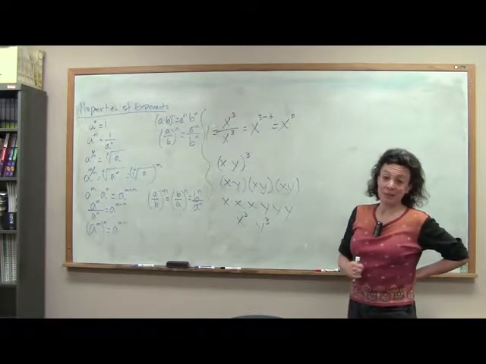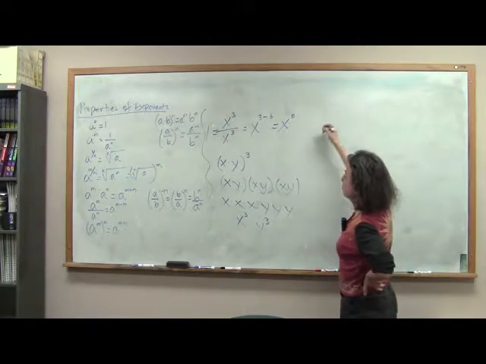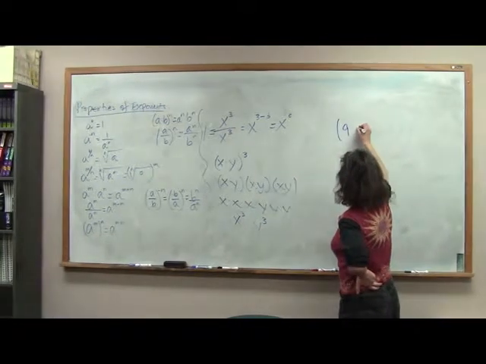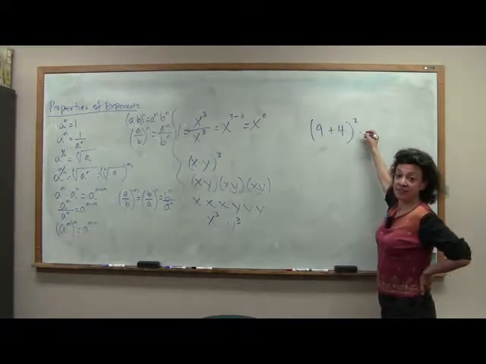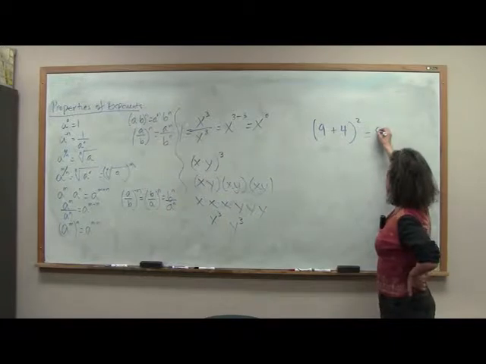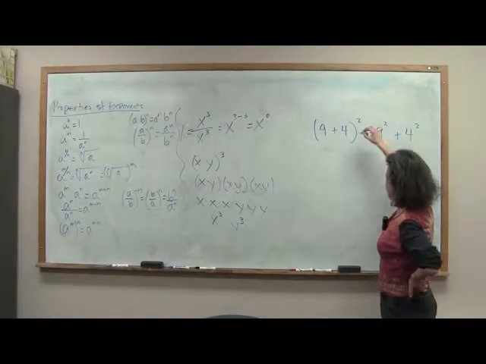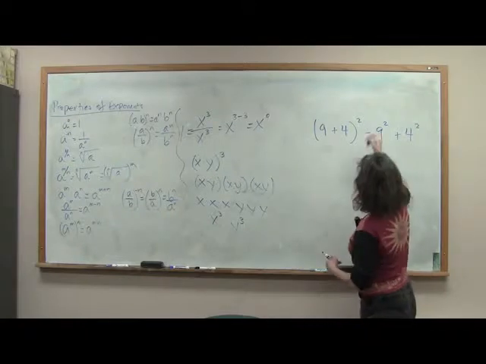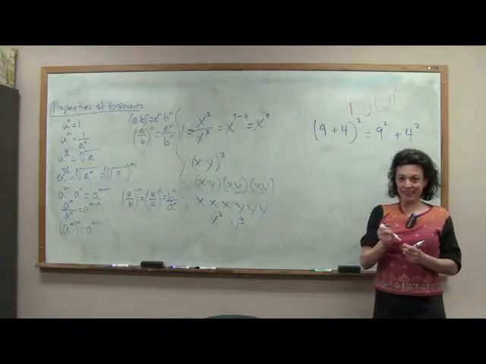Okay? And that's a really important thing to keep in mind. For example, if that did work with addition or subtraction, then what we would be saying is something like, well, 9 plus 4 quantity squared is equal to 9 squared plus 4 squared. We're going to see that we can have a big no right there.